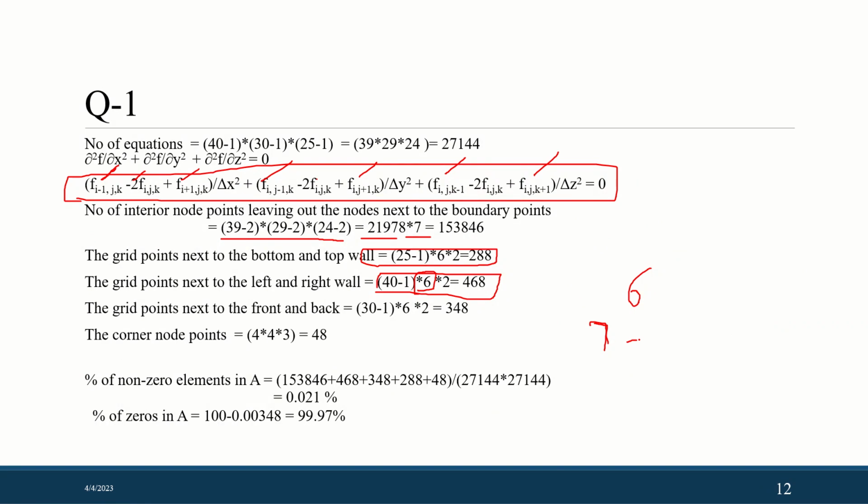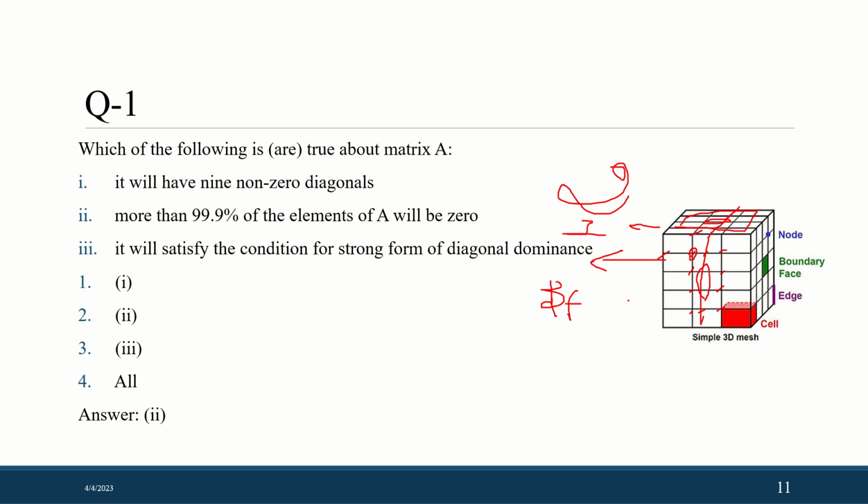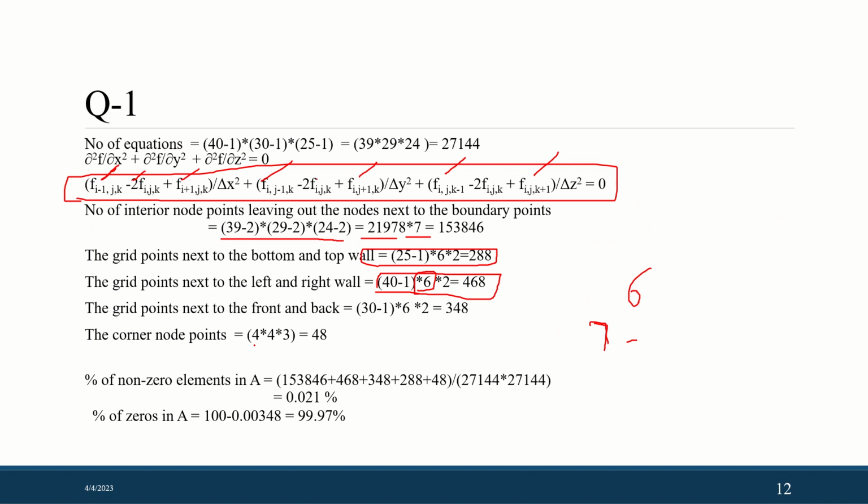In the previous one a value was shared, so we subtracted 1 from that, and in this, if it is a cornermost point, it would be shared among x, y and z. So we have 7 minus 3, that would be 4.